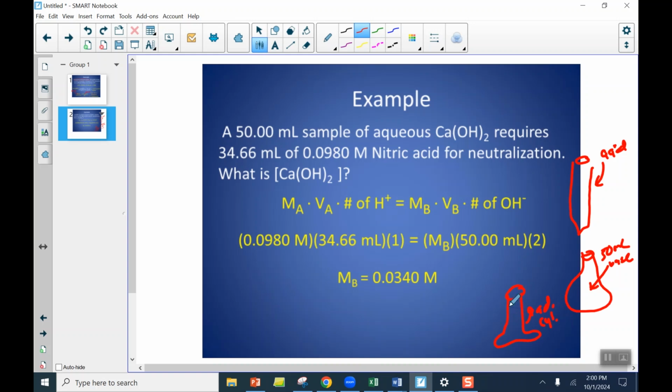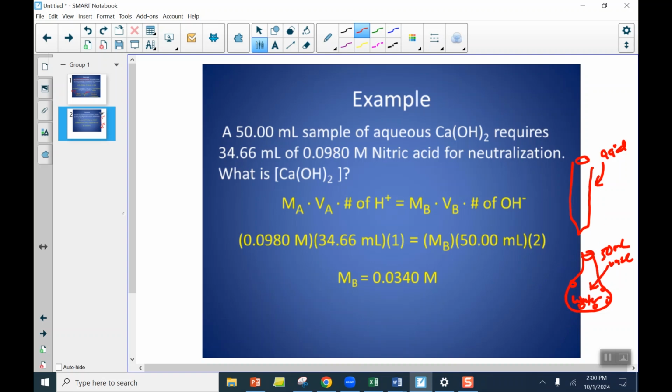But we've measured out the 50 milliliters of base, we transferred it into the flask. However, the flask that we transfer it into had some water droplets in it before we transferred the base into it. What would be the effect on your calculated molarity? Is it too high, too low, or would it remain the same? Try out and give me your answer and check your work.